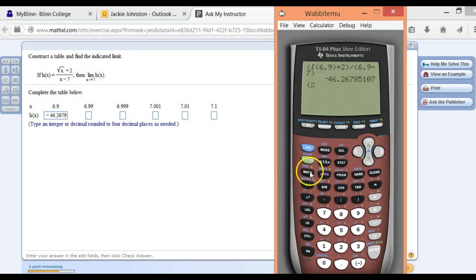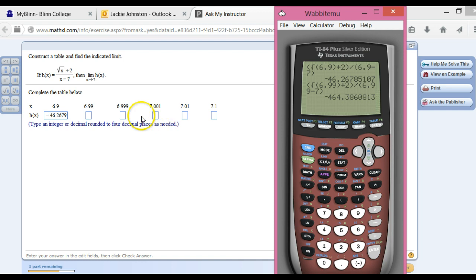So second square root, okay, so there's my square root of 6.99, close my parenthesis, plus 2, close, divide, open, and there's my x, 6.99 minus 7, and close your parenthesis, and enter. And this one is negative 464.3861.